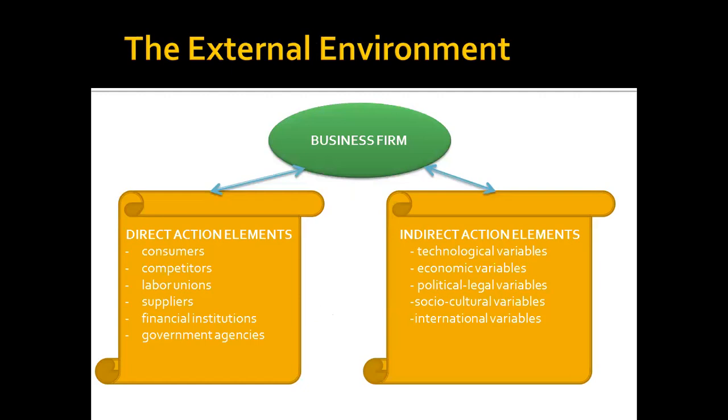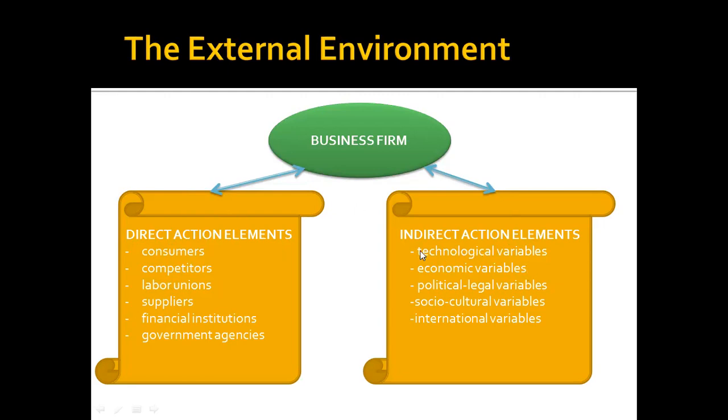Right. Now, let's go to the external environment. There are two elements that compose the external environment. We have the direct action elements and the indirect action elements. First, let's deal with the direct action elements. Direct action elements directly influence the organization. These include the consumers, competitors, labor unions, suppliers, financial institutions, and government agencies.